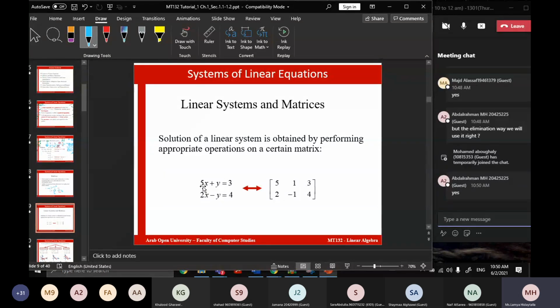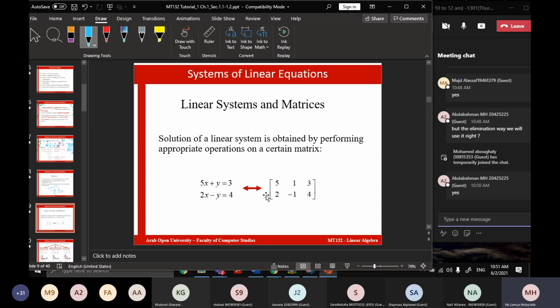How will we do that? Just look at the first row, our first equation. It will give you the first row. So you have 5, the coefficient of y is 1, and then the constant is 3. The same here: the coefficient of x is 2, the coefficient of y is -1, and the constant is 4.